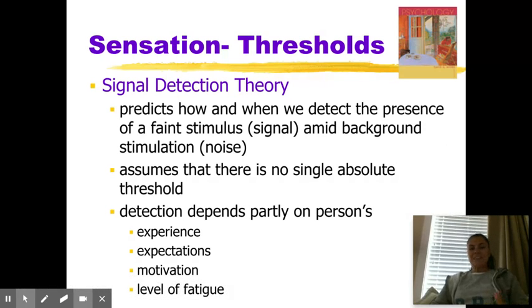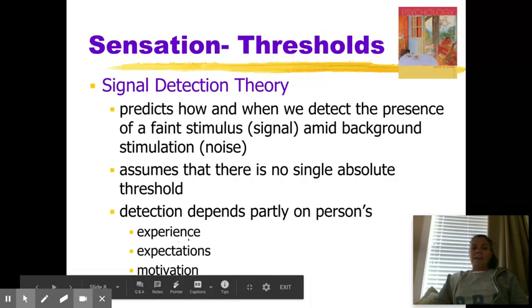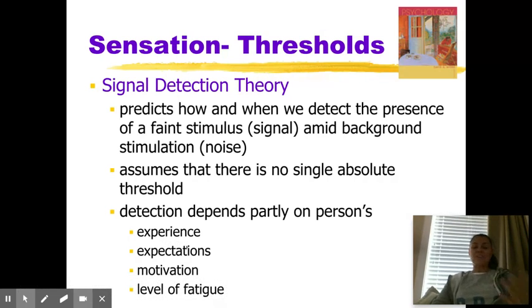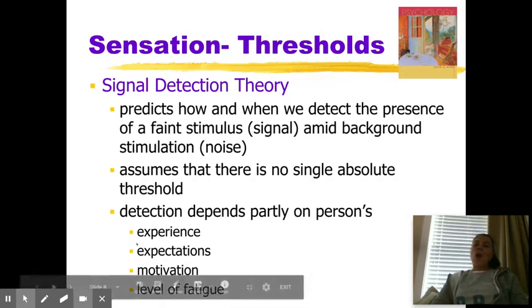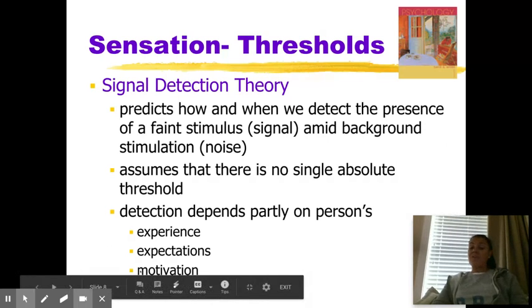So the signal detection theory says there's not one absolute threshold. It all is dependent on our experience. Maybe we're more experienced of working in a louder noised place, so we're attuned to hearing our name. Our expectation, like me waiting for my friend, wondering where they are, and I can hear them from 20 feet away call my name, which I normally wouldn't be able to, but I'm expecting them.